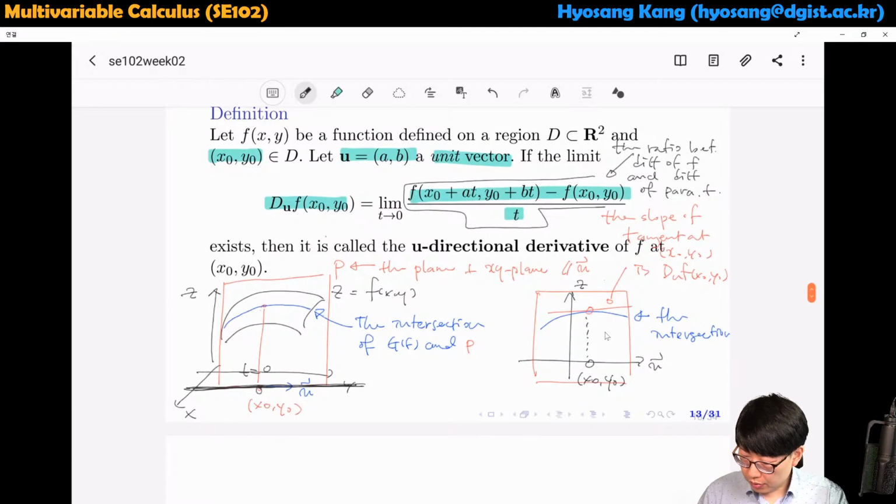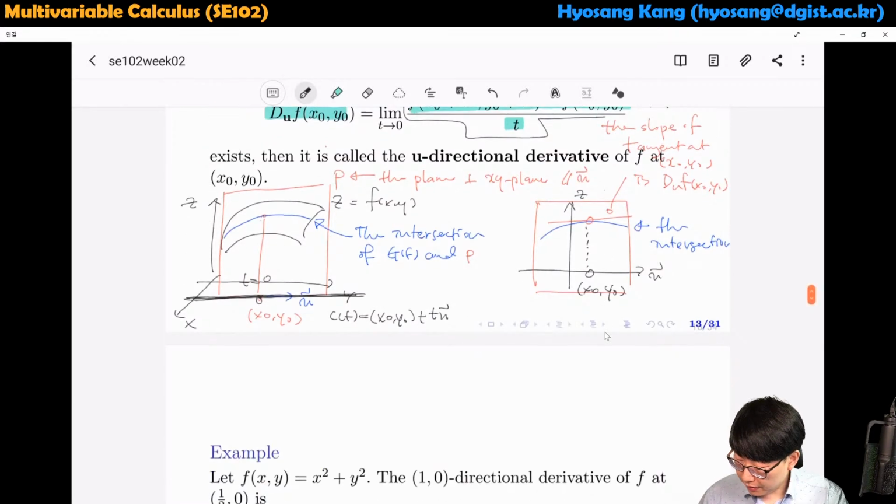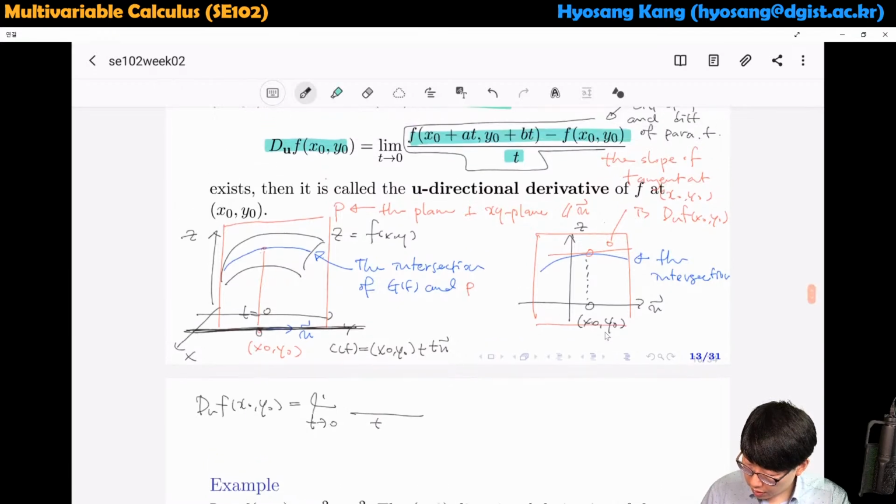In other words, I can put this u directional derivative in different words. Let's say I put c(t) as x0, y0 plus t times the u direction vector. Then D_u f at x0, y0 is the limit as t goes to 0 of f(c(t)) minus f(c(0)), divided by t.